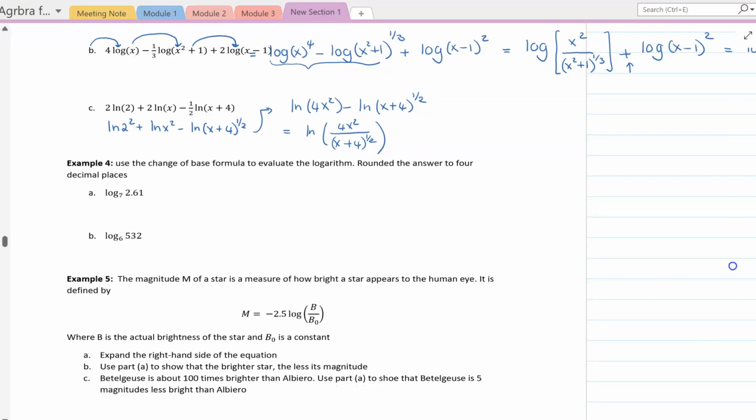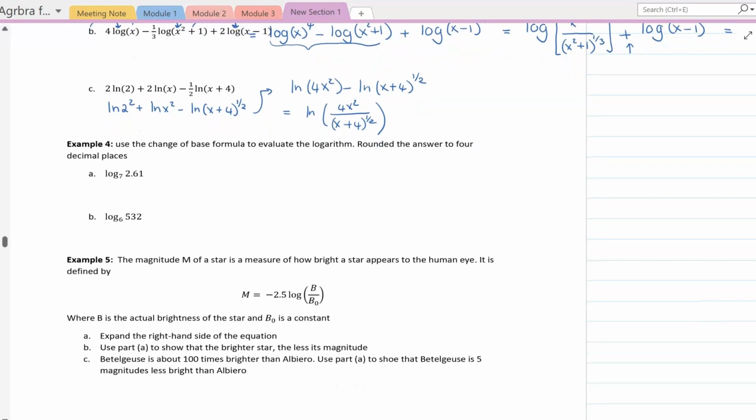We want to use the change of base formula to evaluate the logarithm and round the answer to 4 decimal places. So the change of base formula: log base a of b is equal to log of b divided by log of a. You can pick whatever base you want for the change of base formula, but in general we will leave it in terms of log base 10.